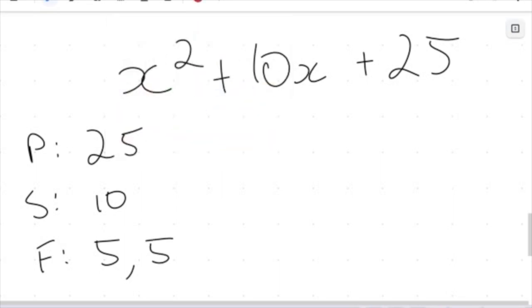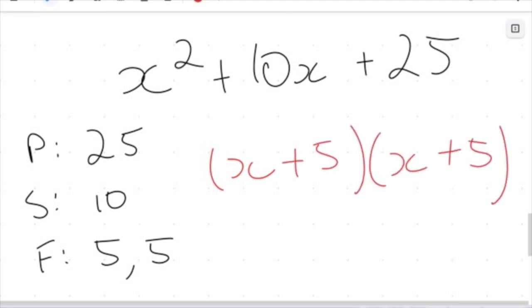So I'm left with x plus 5 and then x plus 5 as well here, which gives me x plus 5 all squared.